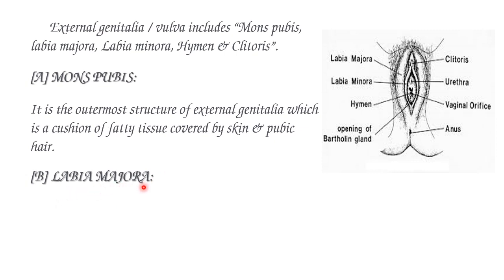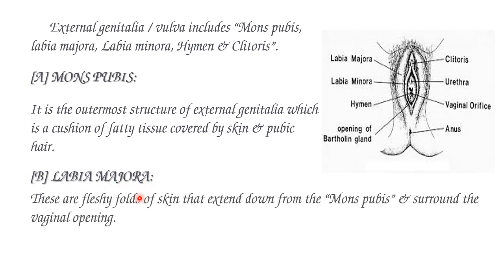Labia majora. These are fleshy folds of skin that extend down from the mons pubis and surround the vaginal opening. This region is the mons pubis. From this, fleshy folds extend down.